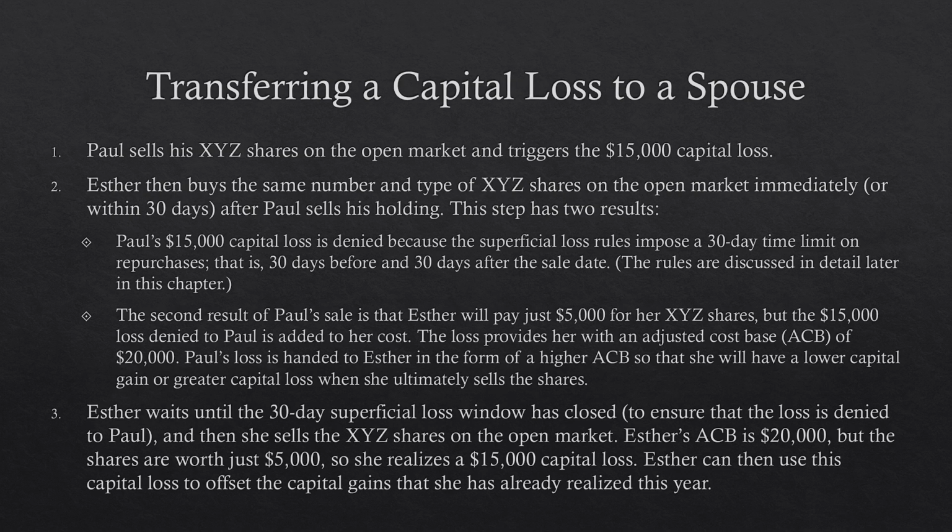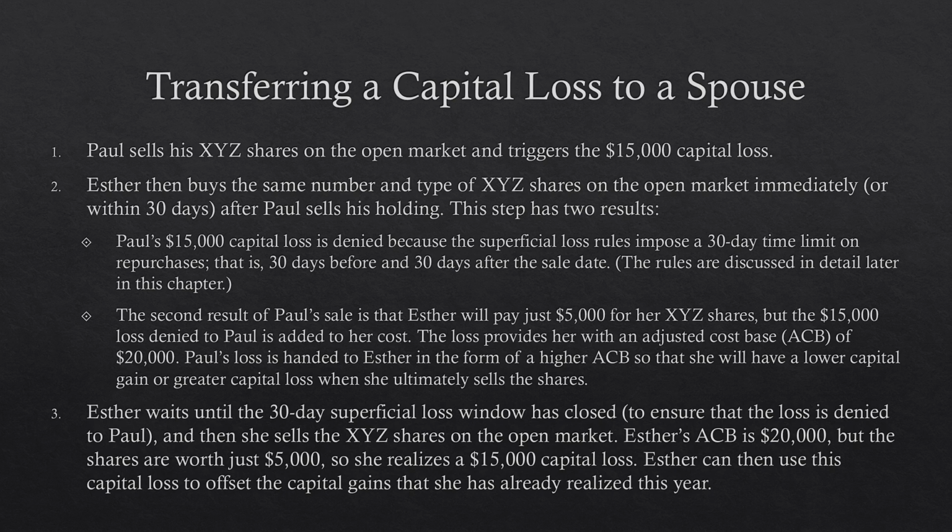Next, we'll look at transferring a capital loss to a spouse. So say Paul sells shares on the open market and triggers a $15,000 capital loss. The wife then buys the same number of shares immediately or within 30 days after Paul sells the shares. And this has two results.